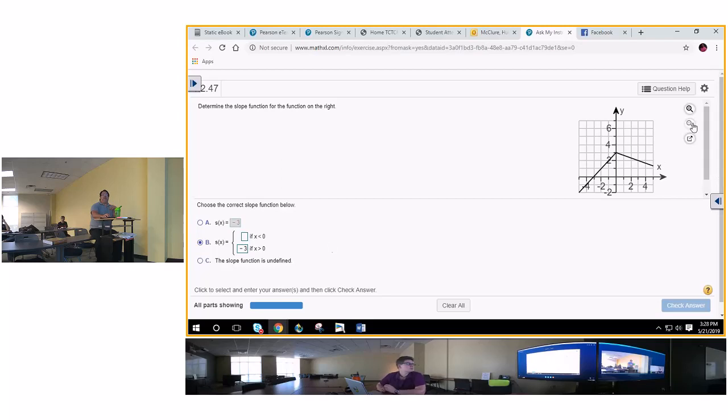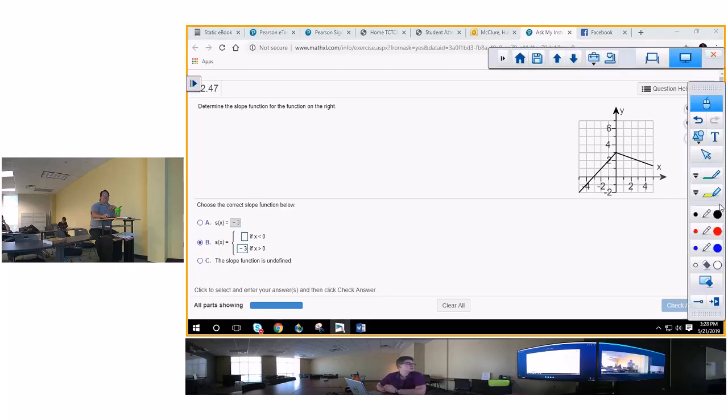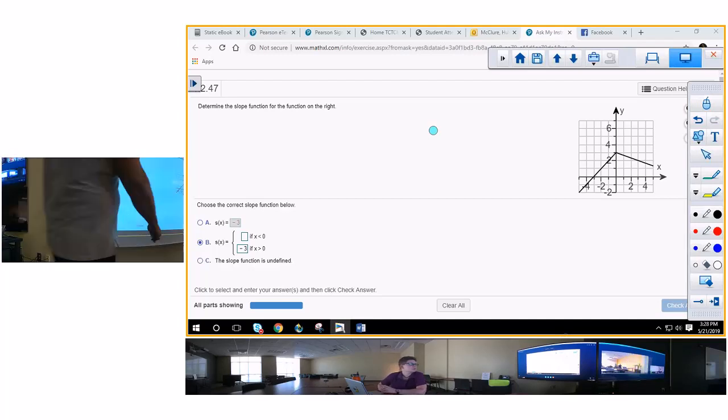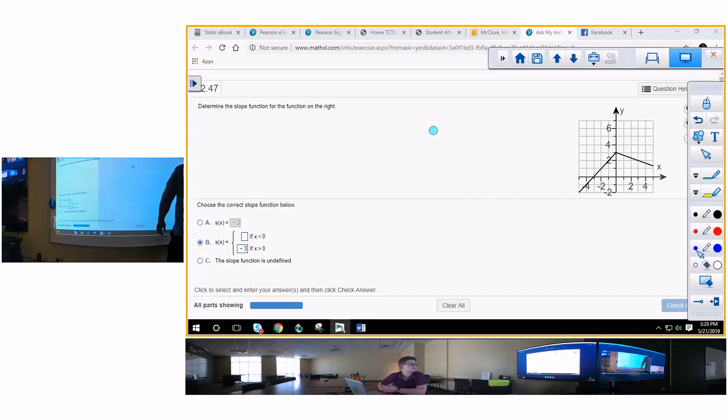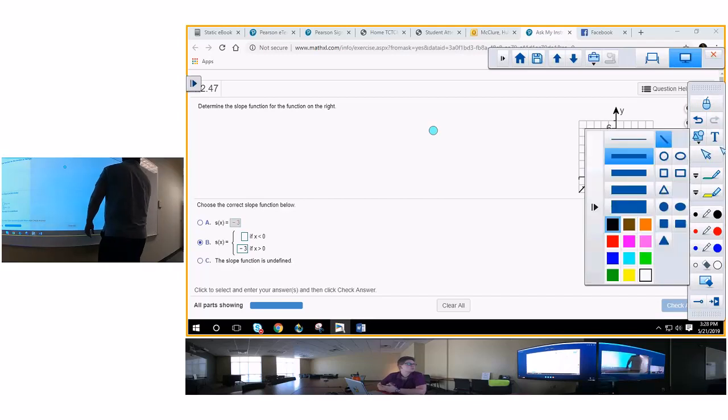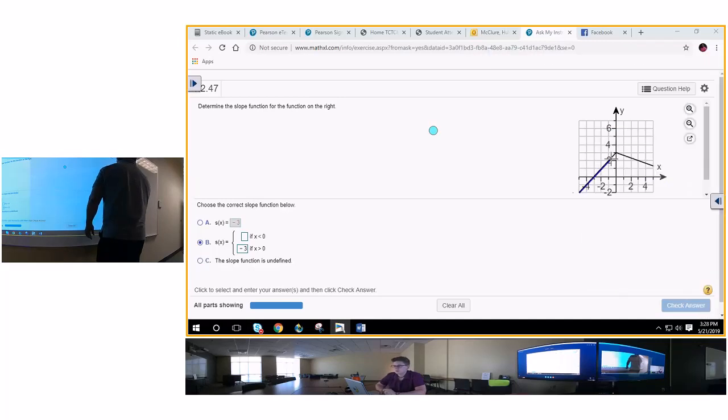All right, so the first one, you're going to pick 2 points. Now, of course, I'm going to pick the x and y intercept, because that's the easiest thing to pick, if you can. So we'll call this one slope number 1. We'll paint it blue. Give me a second. All right, there's slope number 1.